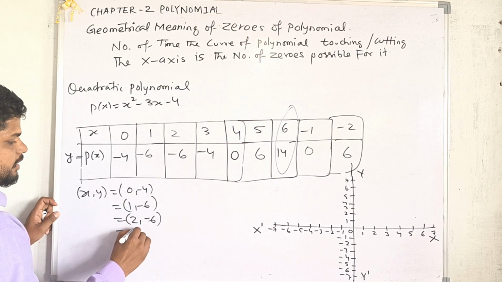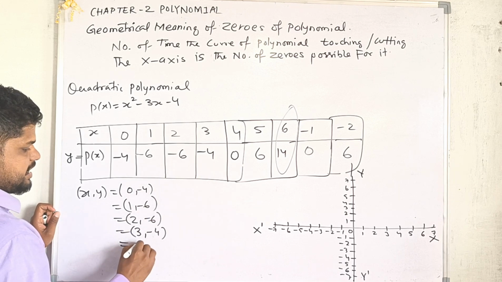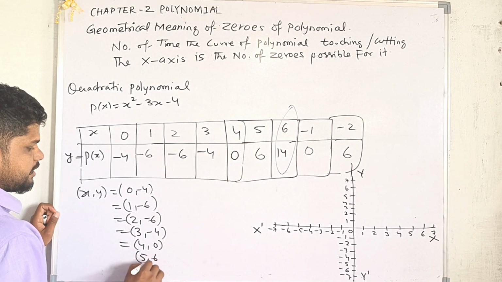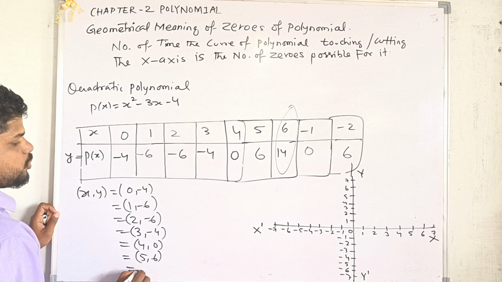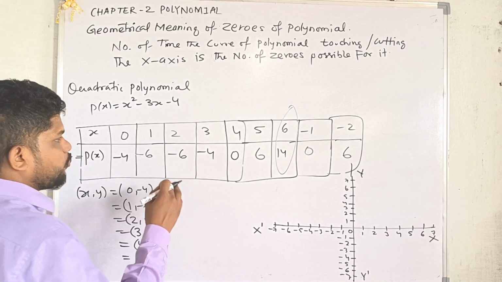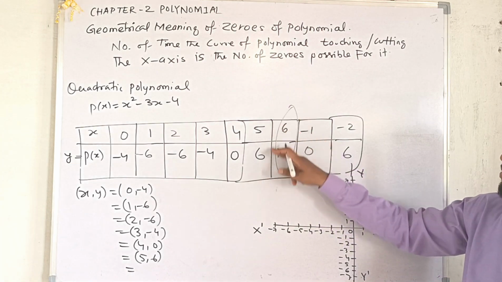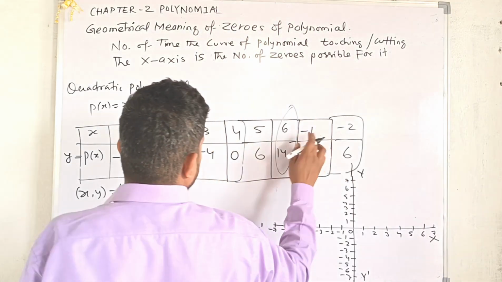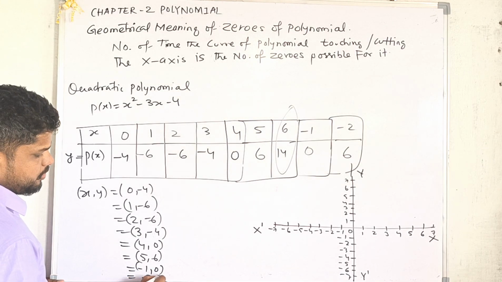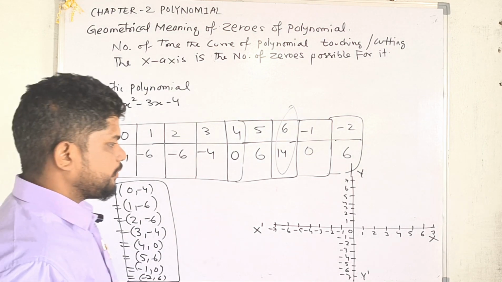For this, 3, minus 4, and for this it is 4 comma 0, and for this it's 5 comma 6, and we have 6 comma 14, but we are neglecting it, because here the value of p of x is ranging from minus 6 to plus 6, so we will neglect this. The next term is minus 1, 0, and the third one is minus 2, 6. So we will try to plot these coordinates on this graph.